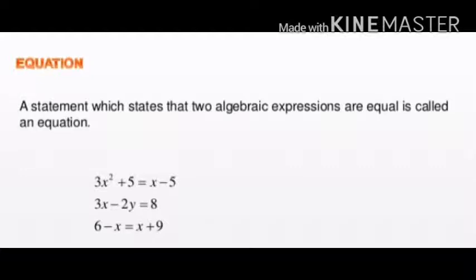Of these three, only the last, 6 minus x is equal to x plus 9, is a linear equation in one variable. 3x minus 2y is equal to 8 is a linear equation in two variables. 3x square plus 5 is equal to x minus 5 is a quadratic equation because here the power of x is 2.